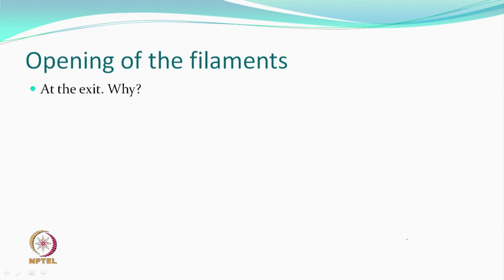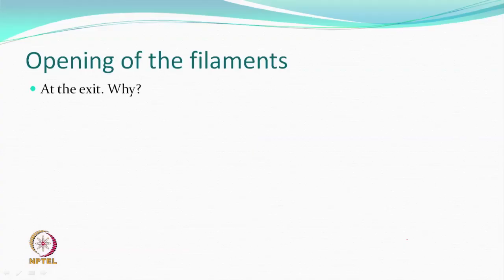Why do you think so should happen? Why can't they entangle while they are still inside the jet in the channel? Because for opening there has to be some force which is at an angle different to the motion of the yarn or the filament.